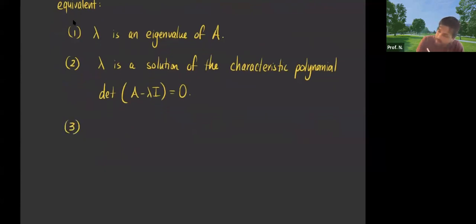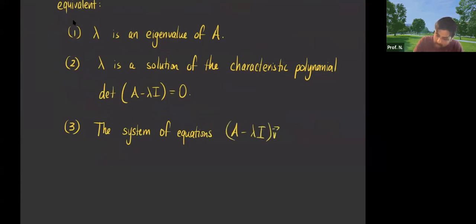Three, the system of equations A minus lambda I times V equals 0 has a non-trivial solution.